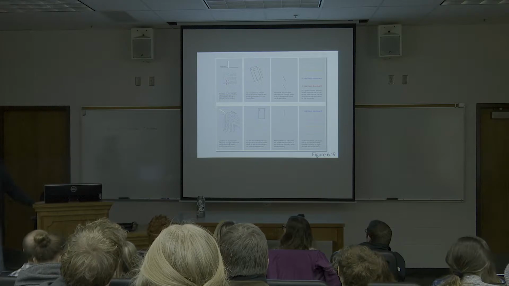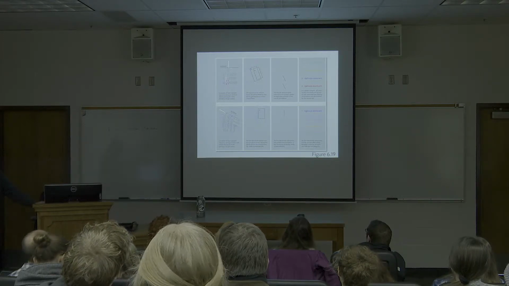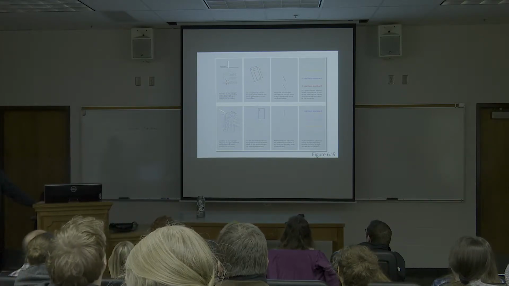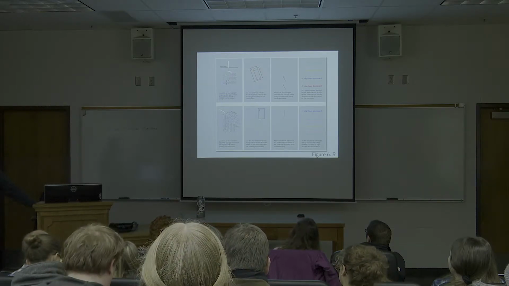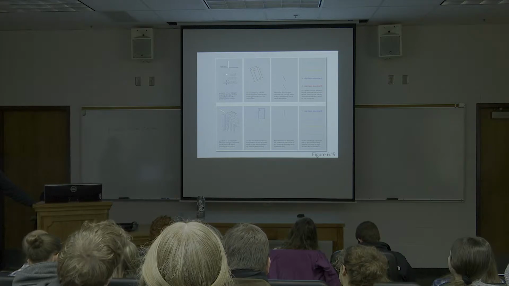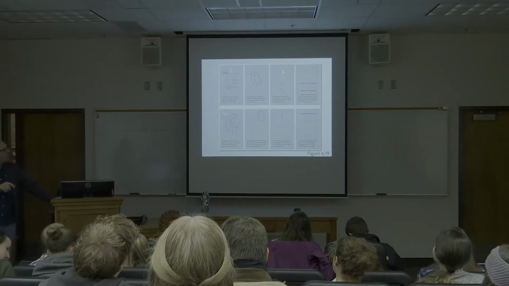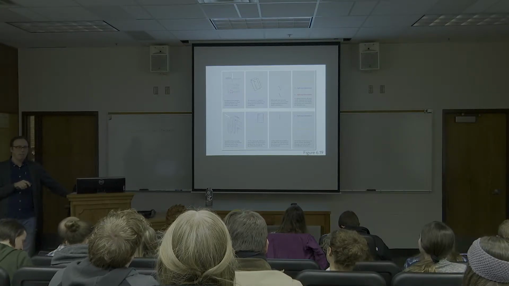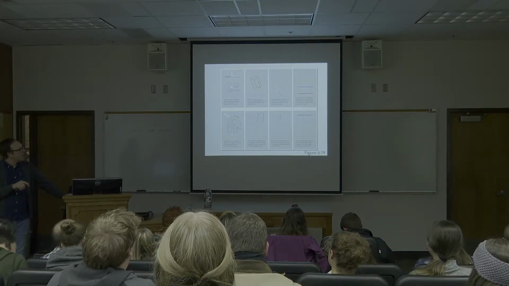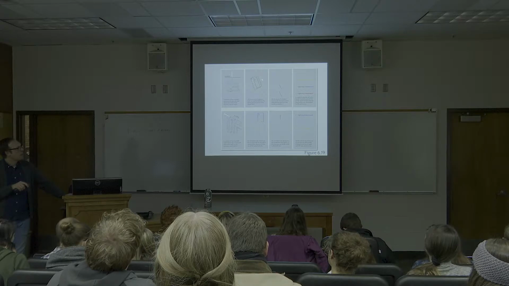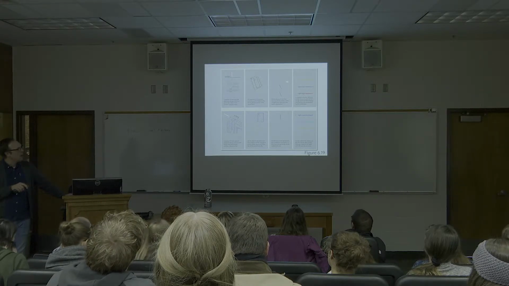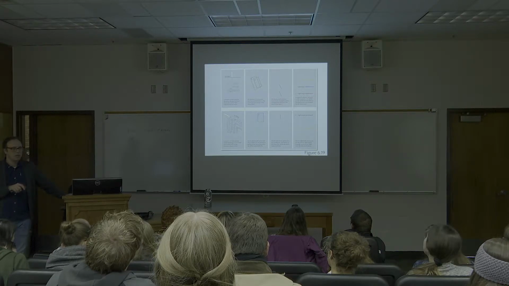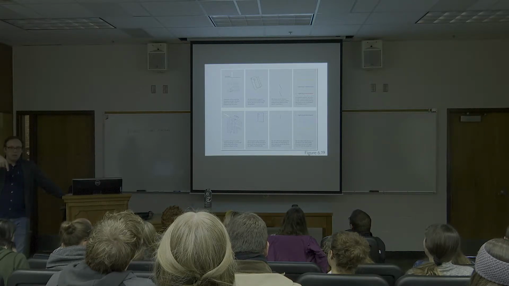All right, so in V1, if you record within a column, so this is a cortical column, at the most superficial layer, the top layer, you're going to get a receptive field and a preferred orientation and a preferred eye. If you move down to the next layer, same thing. So you're going to have an overlapping receptive field, the same orientation preference, and the same eye dominance. And that's all the way down into the cortex.